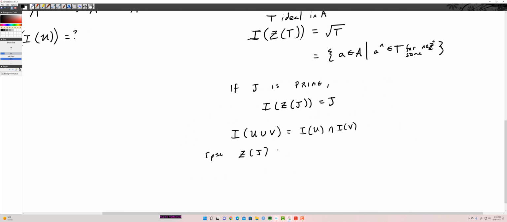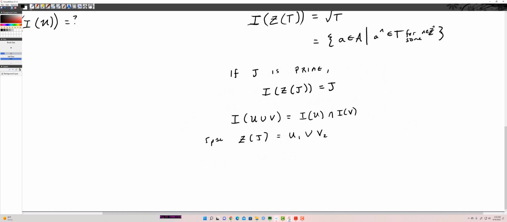z of j is some proper union of sets u1 and u2. If this is true, then I of z of j is a subset of I of u, and it's also a subset of I of v.